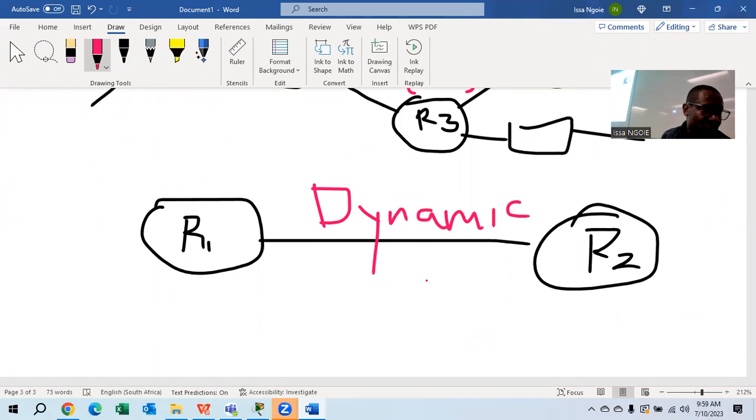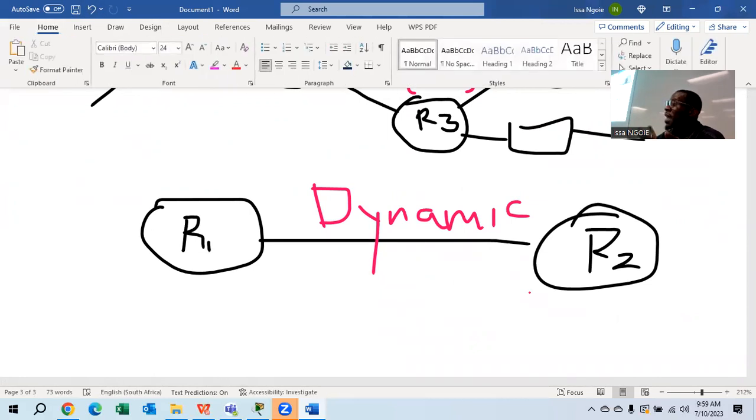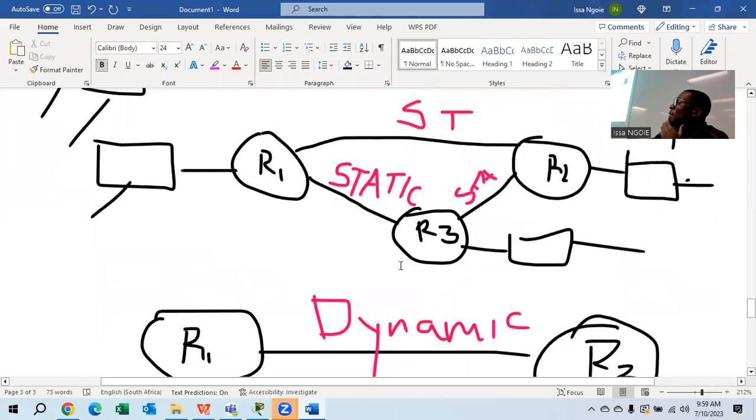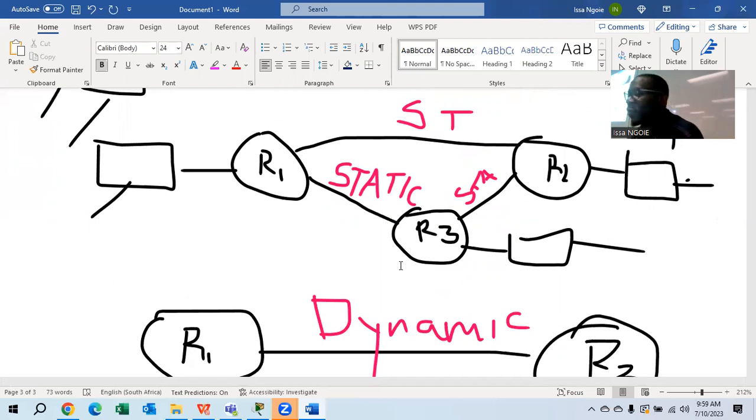Yes, any question? It depends on if you have 10, it depends. Because I'm just making it short, right? So those diagrams will allow you to understand how you can do it. So you can go using the dynamic way, a static way, or default way, right? Any question before moving forward?